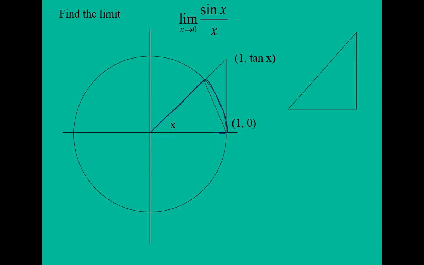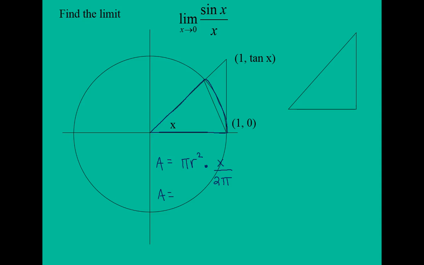That's the sector of a circle. Now to find the area of the sector of the circle, we take the entire area of the circle and multiply that by the angle in radians over 2 pi, since there are 2 pi radians in the entire circle.